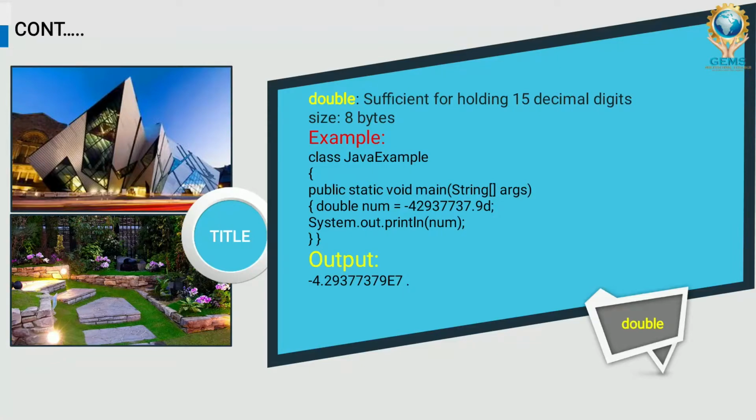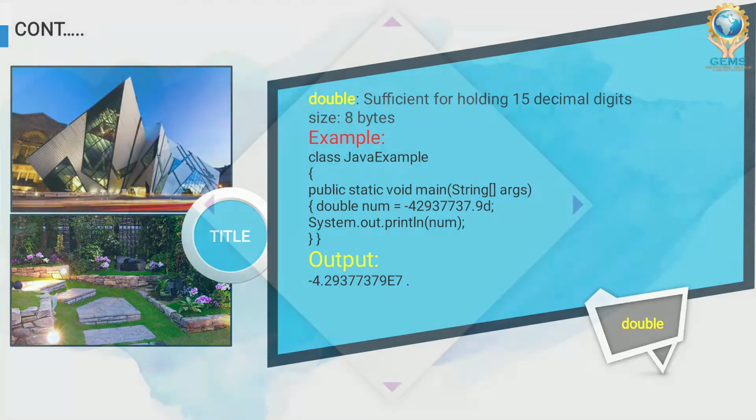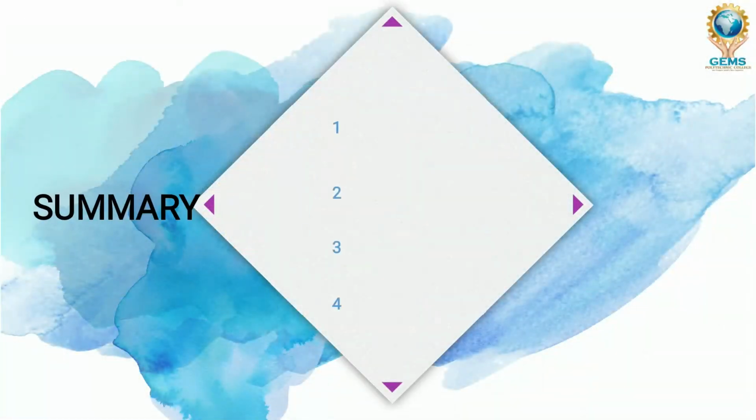After the decimal point, how many numbers are stored here? It is possible through double only. So double will store more decimal values, nearly 15 digits, and float will store up to 6 to 7 digits. This is the difference between float and double.